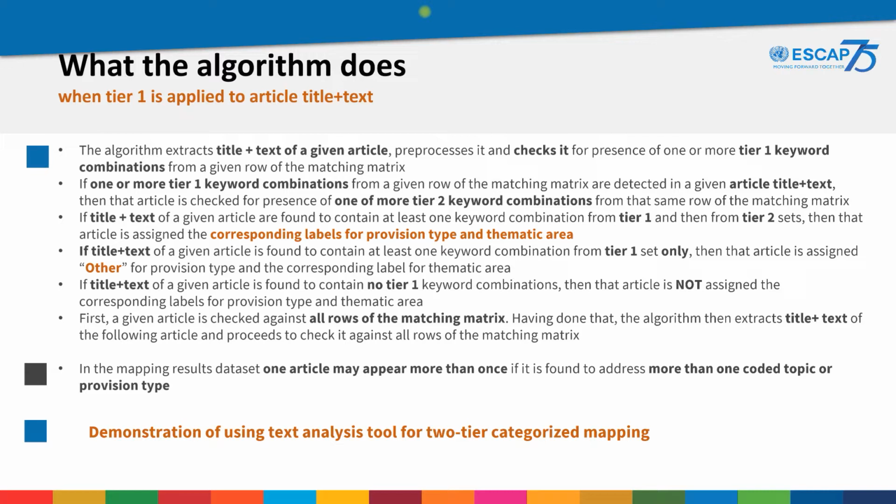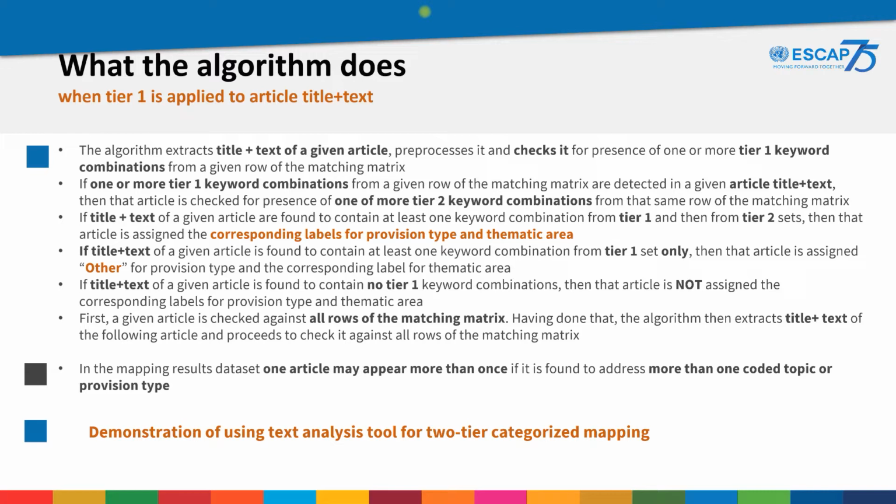If a given article is found to contain at least one keyword combination from both Tier 1 and Tier 2 sets, then that article is assigned the corresponding labels for provision type or broader thematic areas. If a given article is found to contain at least one keyword combination from Tier 1 set only, then that article is assigned Other for provision type and the corresponding label for thematic area.